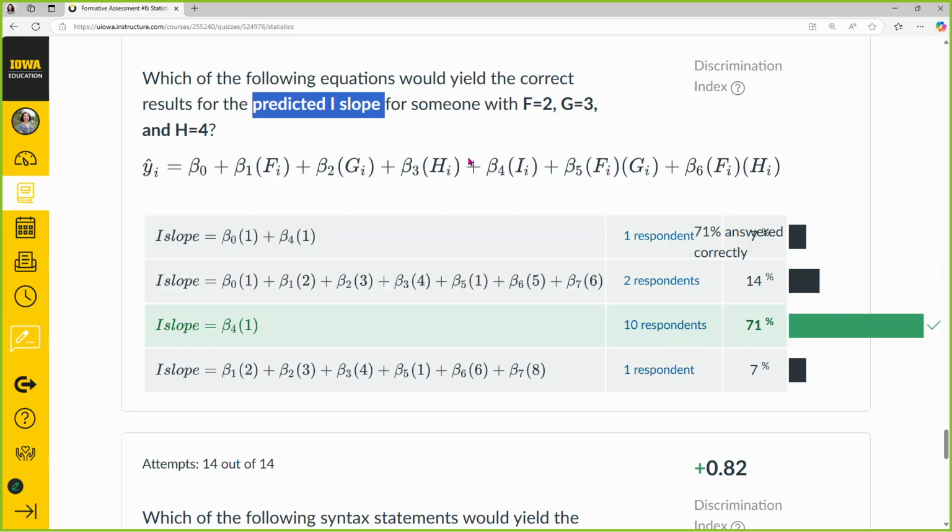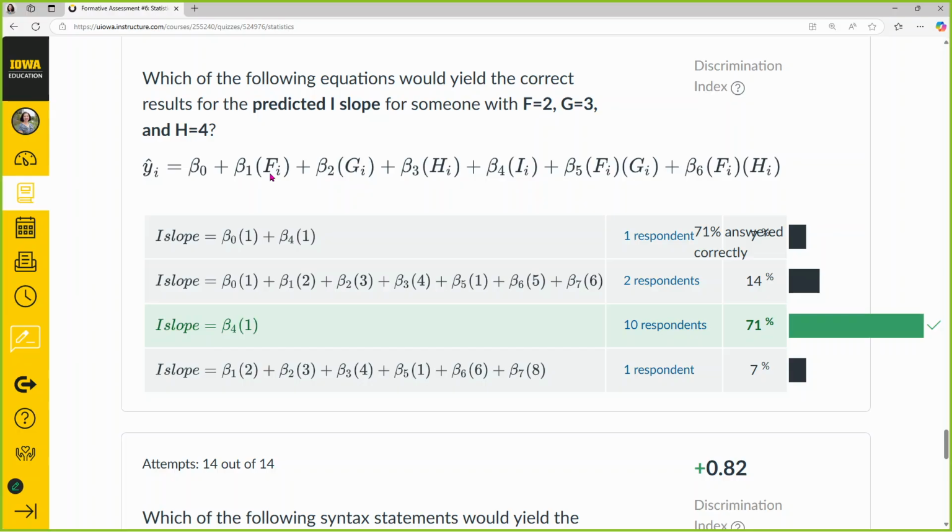But where folks get into trouble is if they look at the main effect of F here, the slope for beta 1, and say, oh, beta 1 is not significant, therefore F doesn't matter. That's wrong. F doesn't matter specifically in people for whom this moderator is 0 and this moderator is 0. But F could matter in other kinds of people who are at different values of those moderators. So the conclusion is not valid to say F doesn't matter, period.